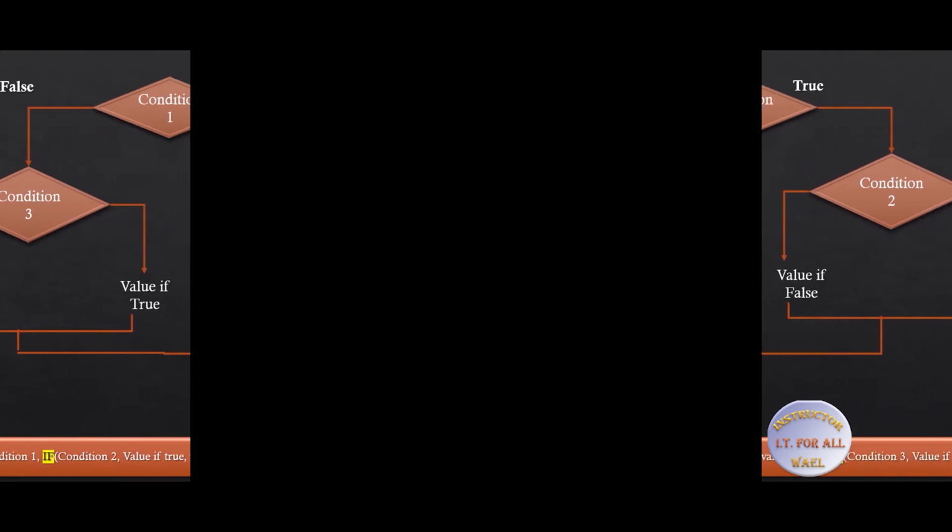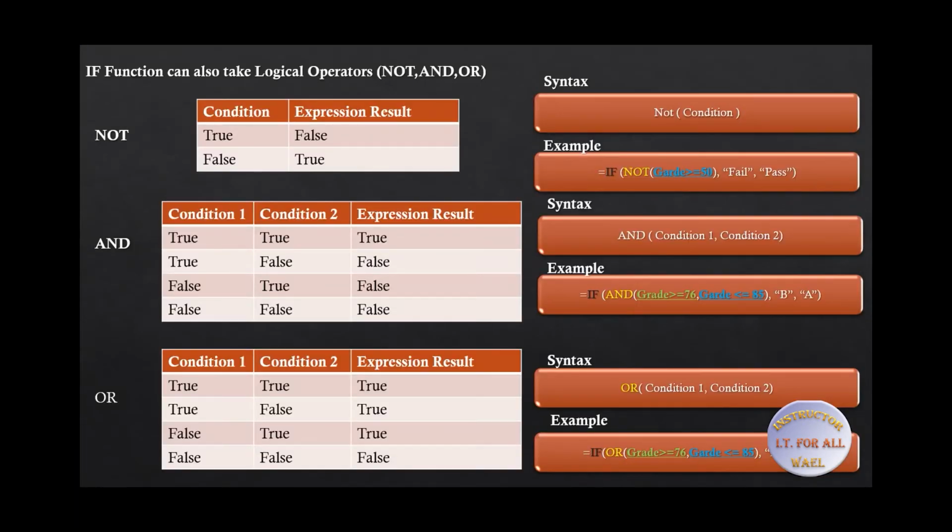So far we spoke about the if function when there is a simple condition. We said if the grade is greater than or equal. Now, how about if we want to combine more conditions in one?